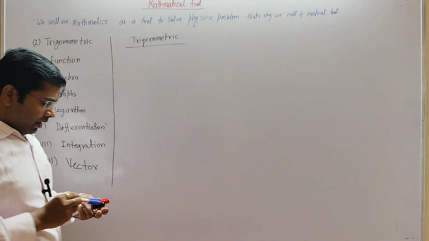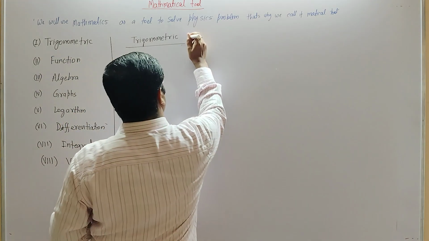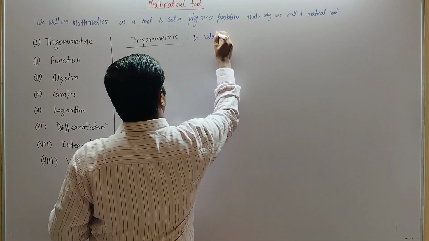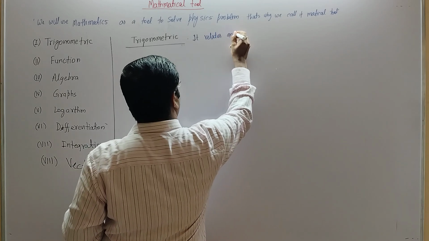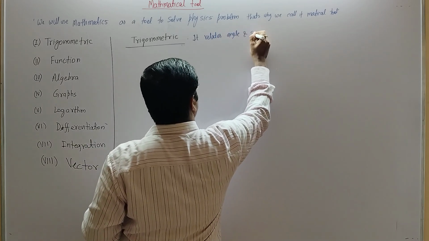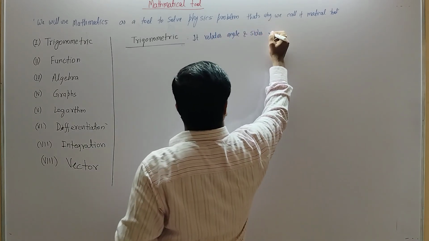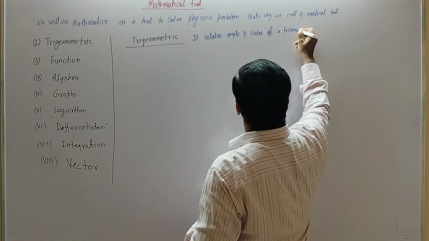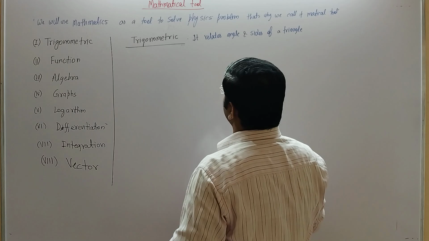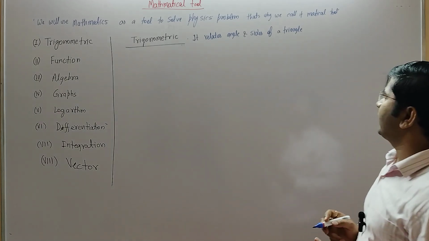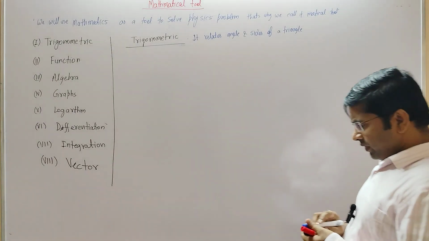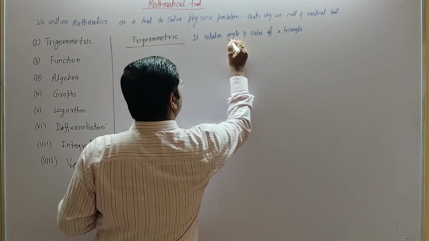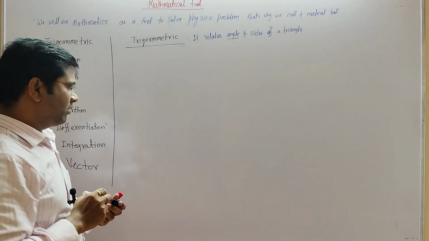Basically, we can define it as a relation between angles and sides of a triangle. So trigonometry relates angles and sides of a triangle. Here the angle term is coming. Let's understand what an angle is.